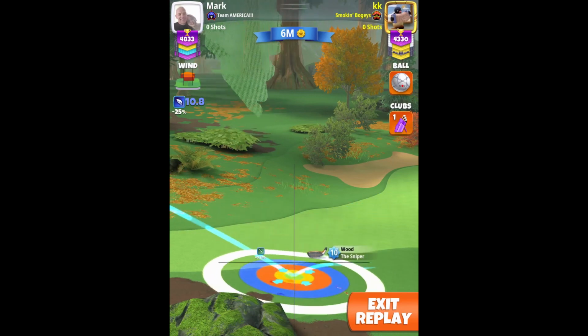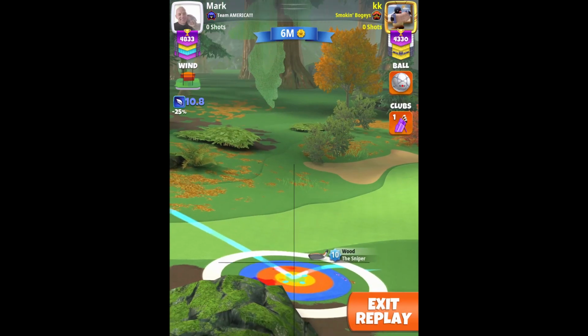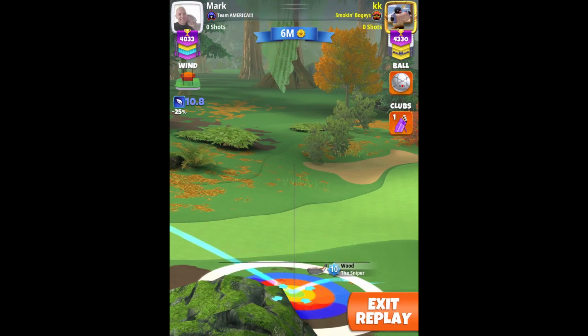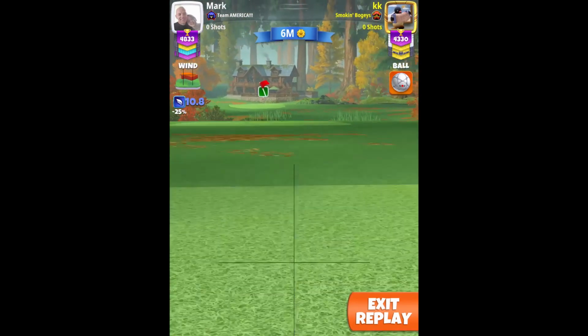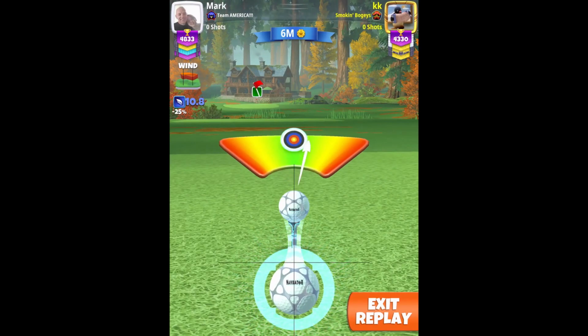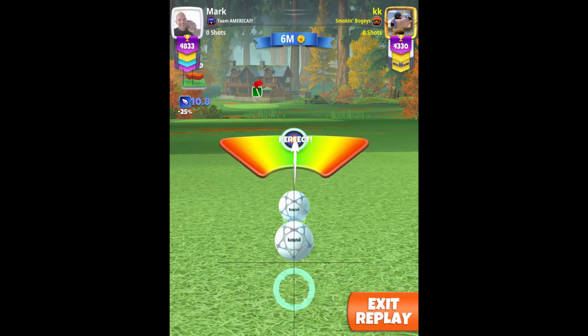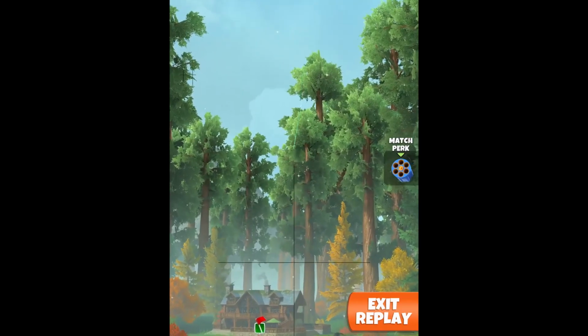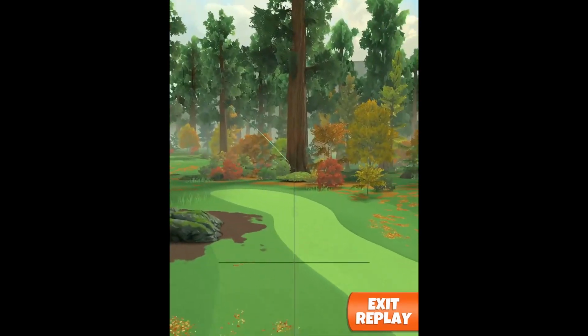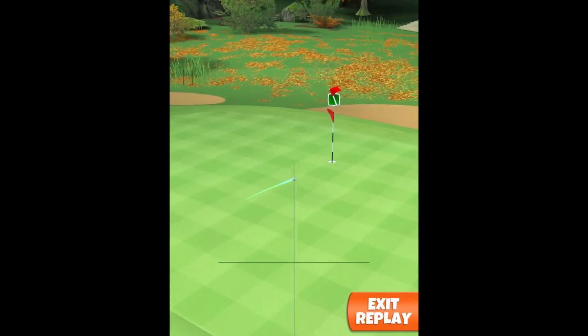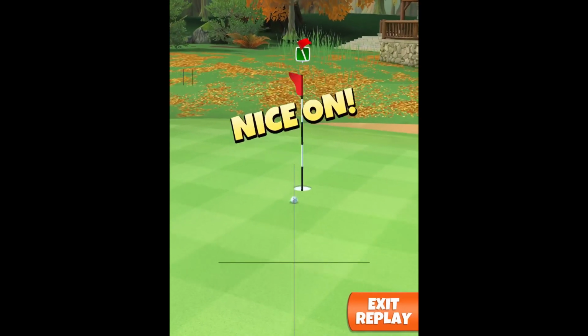I just plus 15% max. It was right on line.